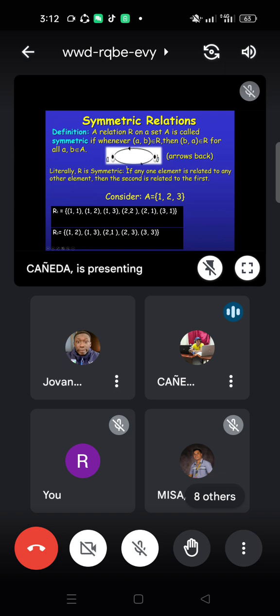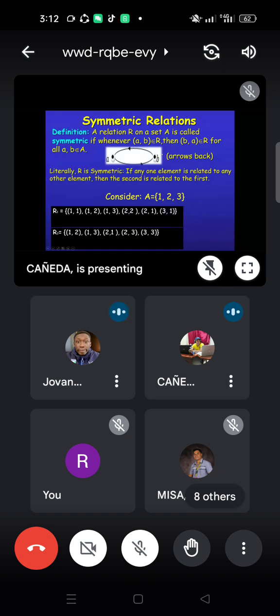By definition, a relation R on a set A is called symmetric if whenever the ordered pair A, B is an element of R, then B, A is also an element of R. B is related to A.